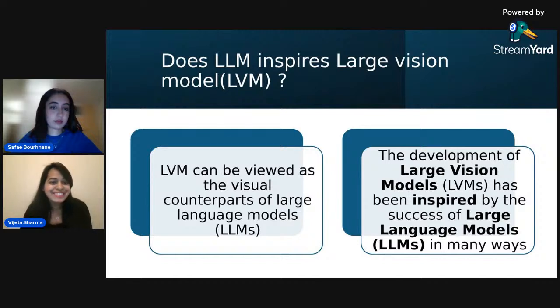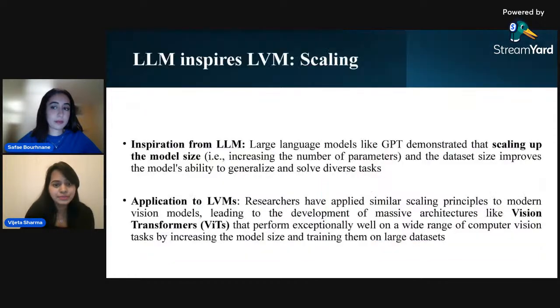Here the question is whether the large language model inspires the large vision model, or whether they are leading their own journey. As an AI HPC researcher, I can say yes. The answer is yes. LVMs can be viewed as a counterpart of large language models, because they are inspired in many ways, not only in the way they are trained, but in the way they scale and own the complex architectures.